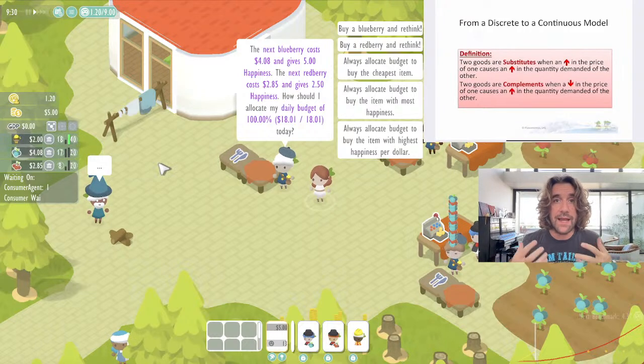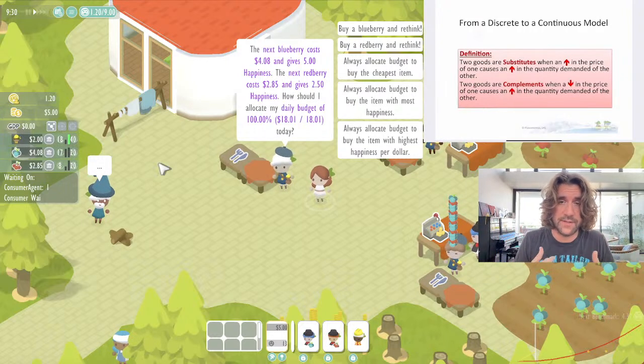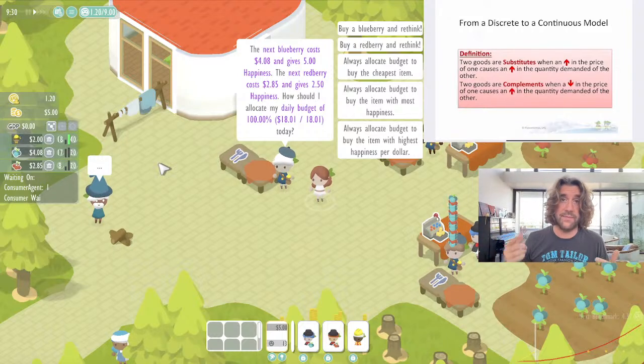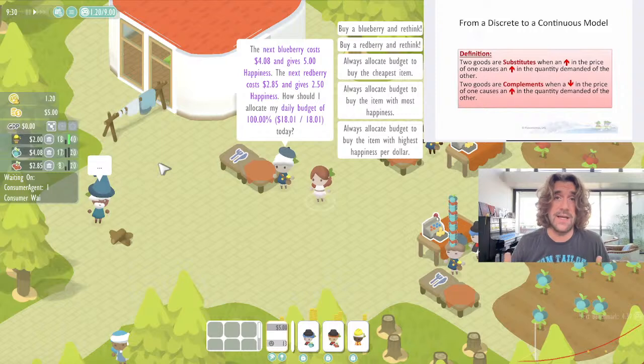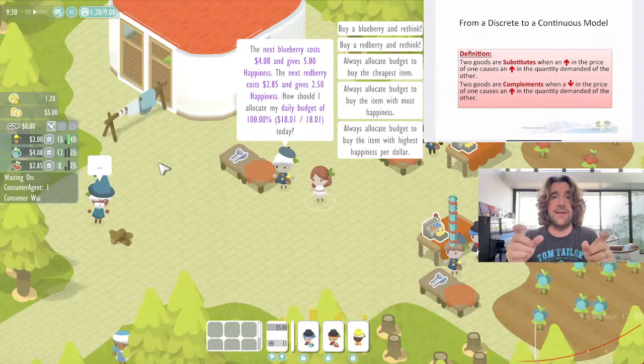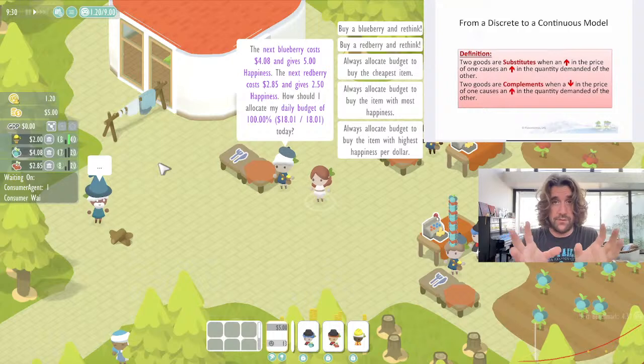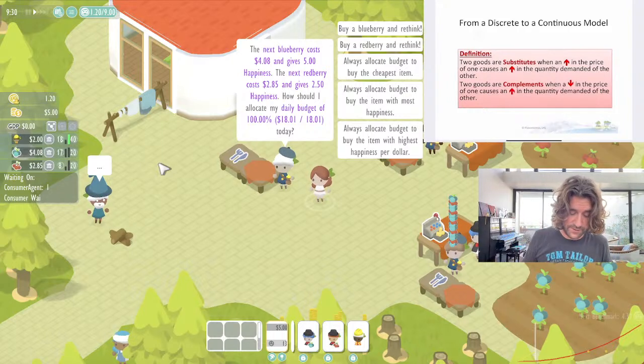Our decision will have to respond not only to the price of the thing we are buying, if we are focusing on blueberries, for example, but also to the substitute, in this case, red berries. The price of red berries matters just as much, because what you are comparing in the cost-benefit principle is the relative marginal utility per dollar of the two objects that you're trying to purchase.